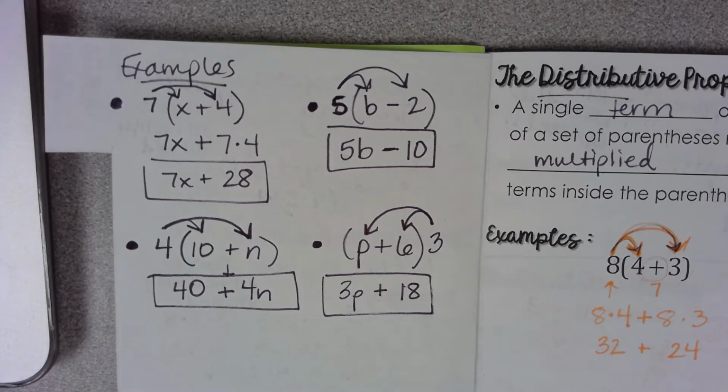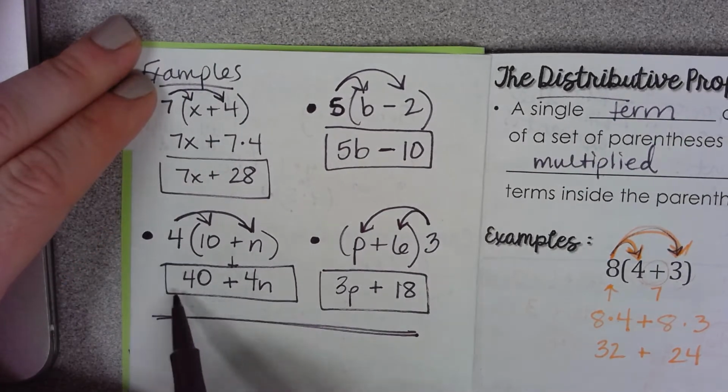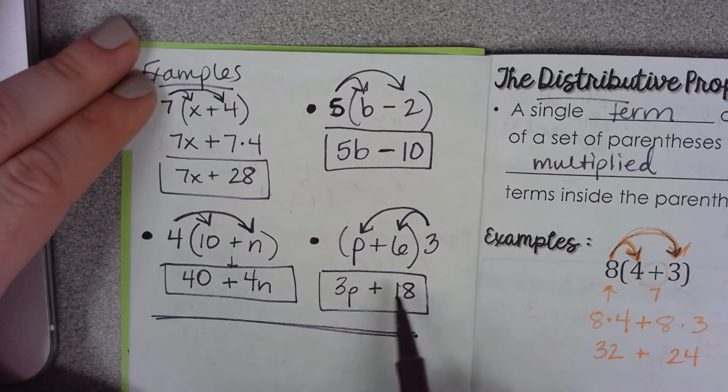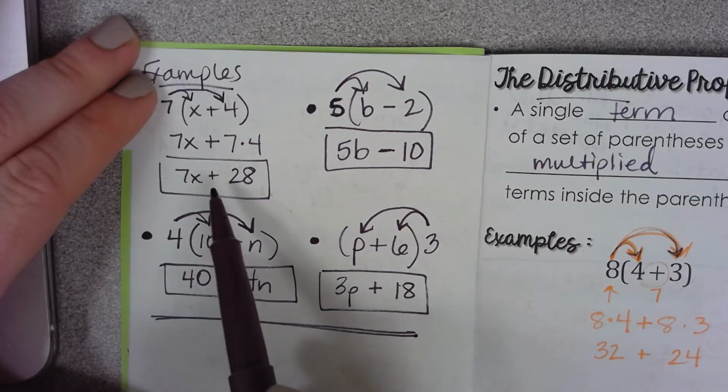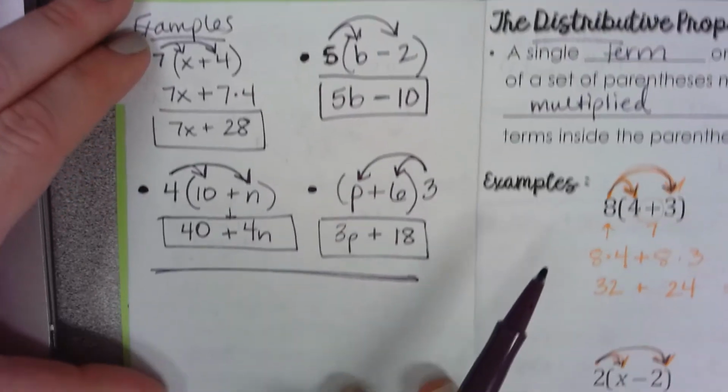Okay, now we are going to be working with them in the backwards form. So I'm going to put a line underneath here. And what we're going to do is we're going to be given these expressions, so this part of the problem, and we're going to try to figure out what this part of the problem would be.